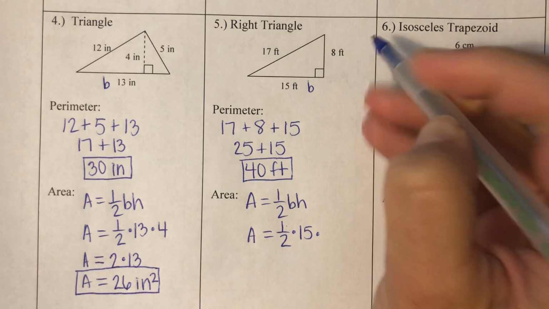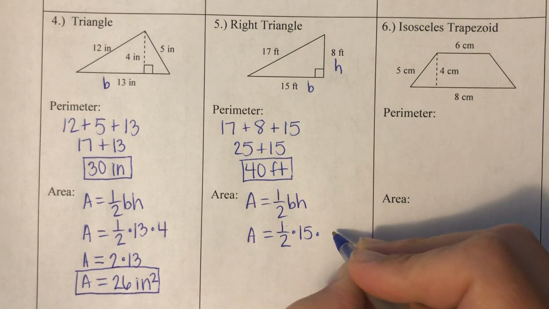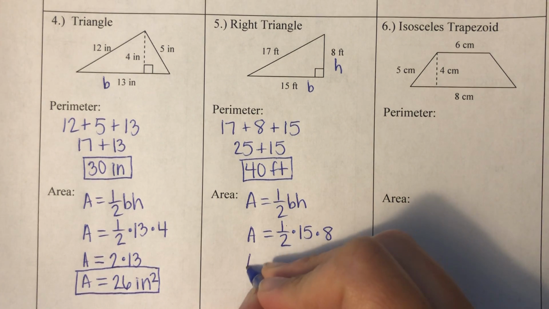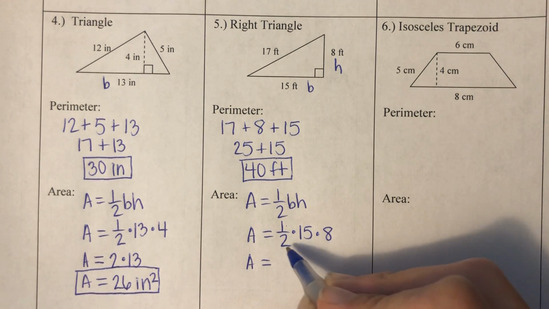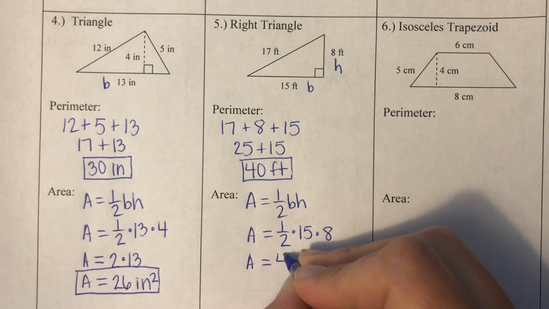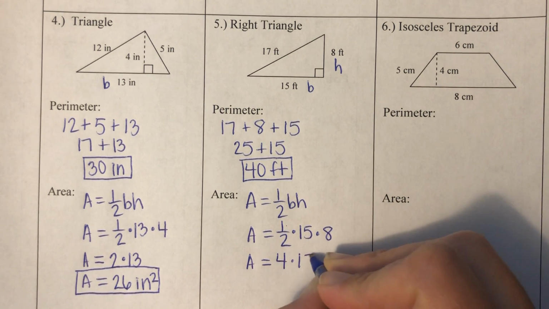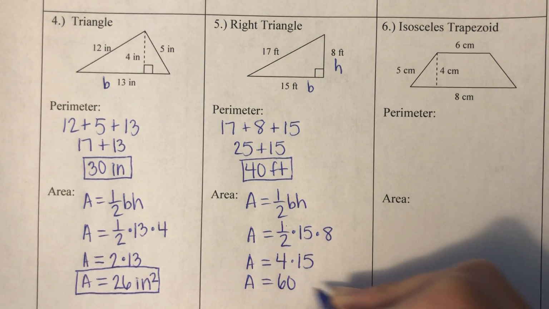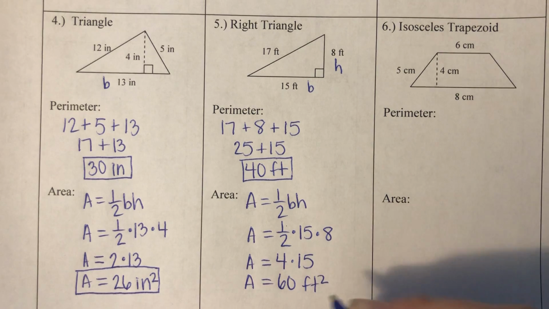It's actually one of the sides in a right triangle. It's that 8. We will not be using the 17 in this area. I don't like half of 15, but I do like half of 8. It's 4. Bring down the times 15. And 4 times 15 is 60 square feet.